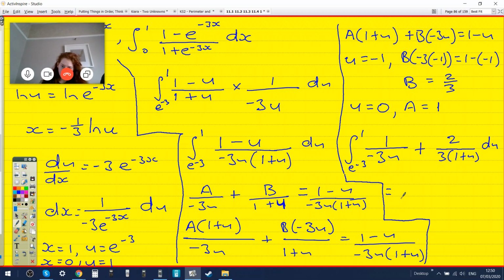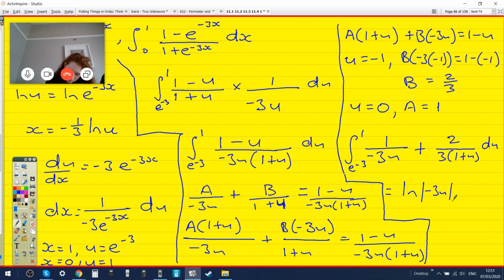So integrating the 1/-3u, does that become -3 ln u? I think it's just ln the magnitude of -3u. Or is it? Let me think about this.